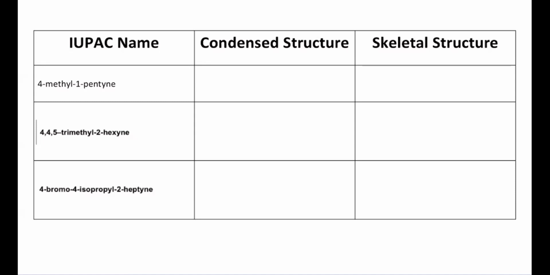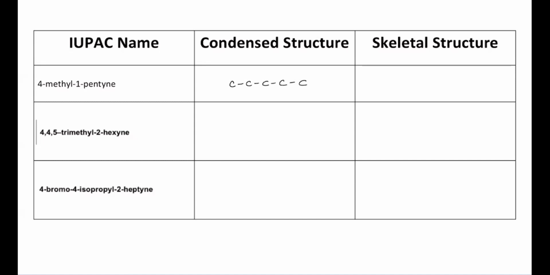Great. So let's practice these at least. First one, 4-methyl-1-pentyne. How many carbons do we have in the longest carbon chain for a pentyne? Great. 1, 2, 3, 4, 5.